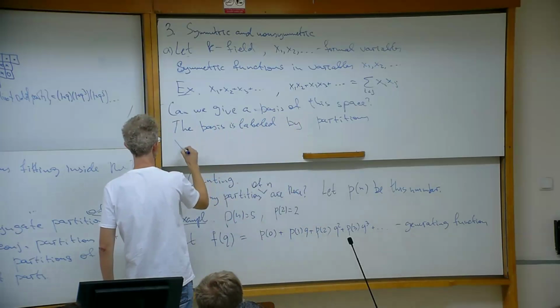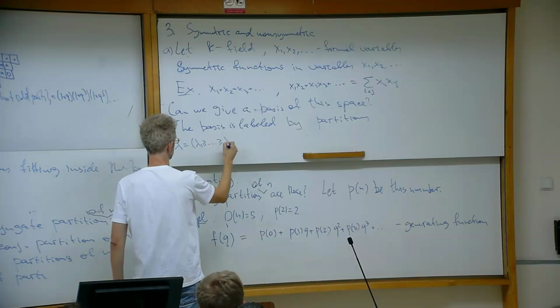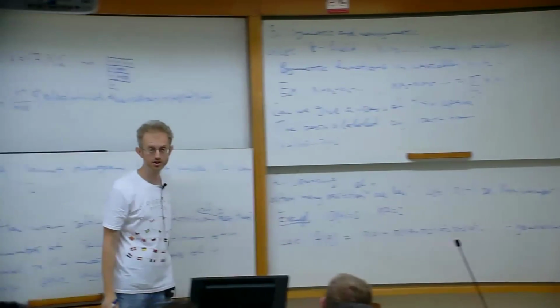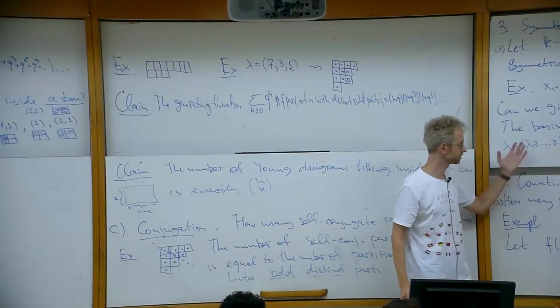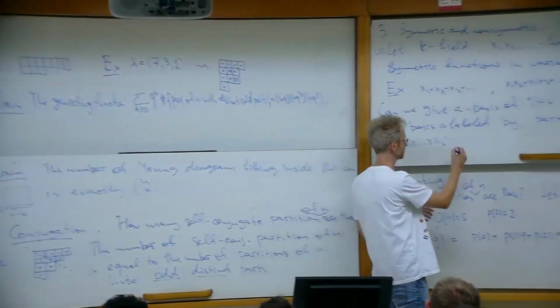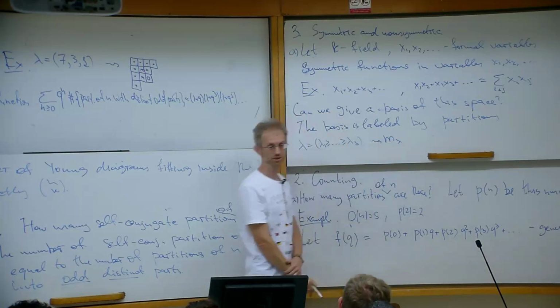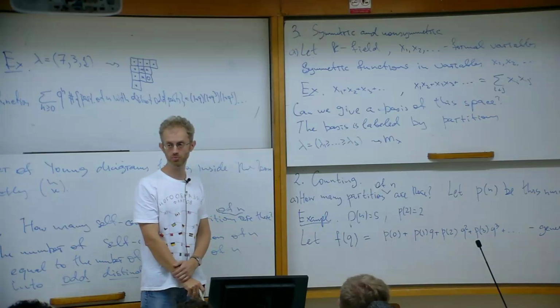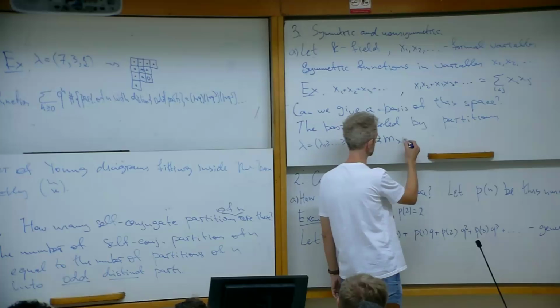Suppose we're given a lambda. As usual, this is a finite collection of positive integers given in non-increasing order. Let me attach to this lambda a symmetric function, which I'm going to denote by m lambda, defined in a very concrete way.